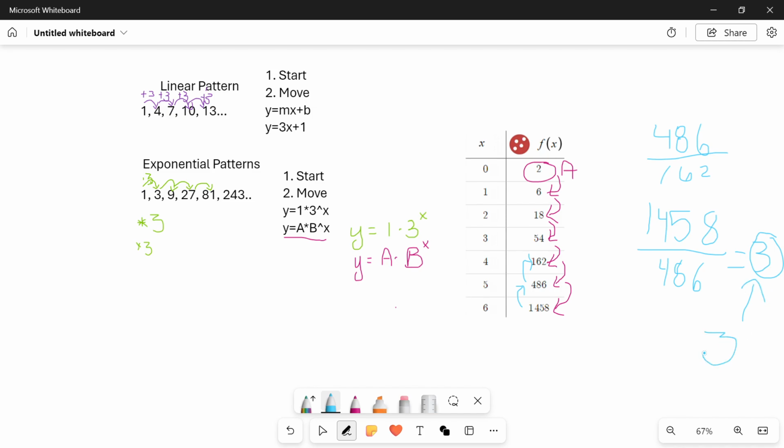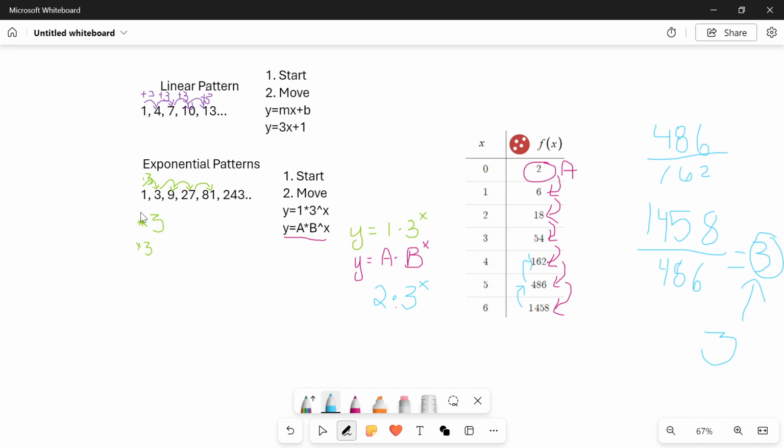It is. I just did it that way on purpose. So now I could fill this in. This is 2. That's where it began. That's the a number. Times 3 to the x. Okay? So that is what this function would look like in a table form.